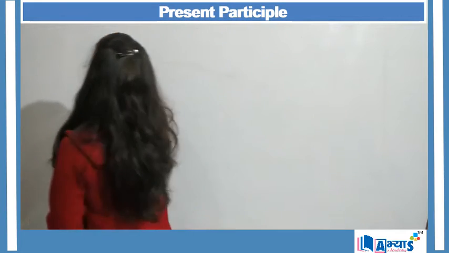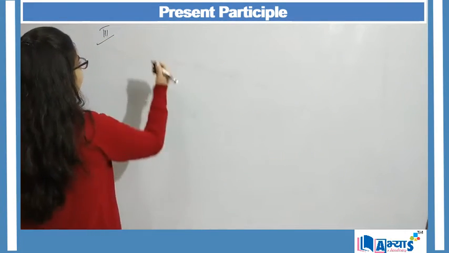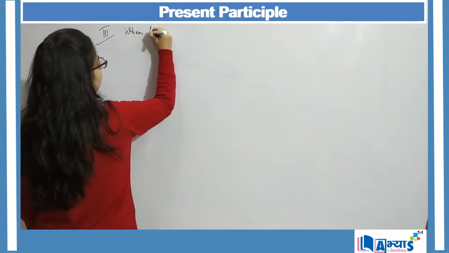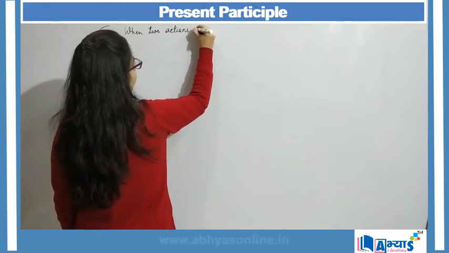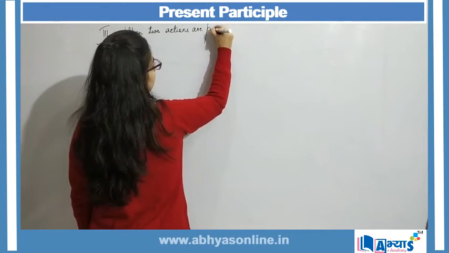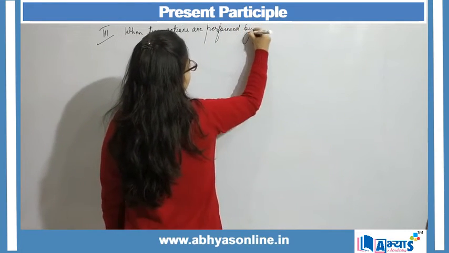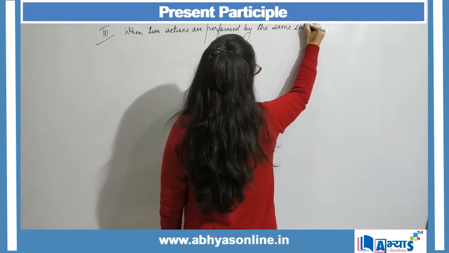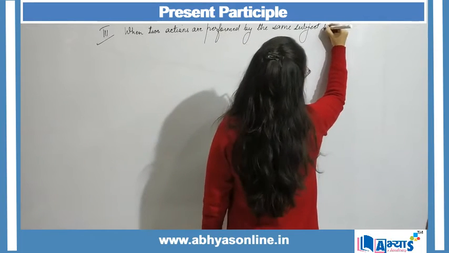So the third way in which we can use present participle is when two actions are performed by the same subject simultaneously.